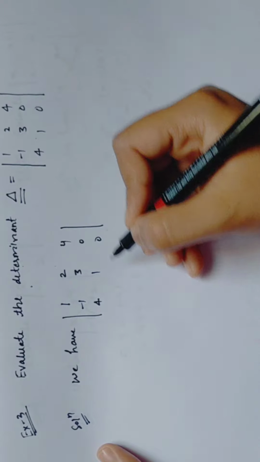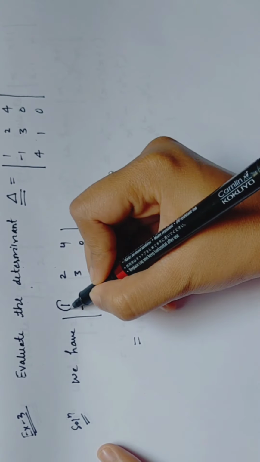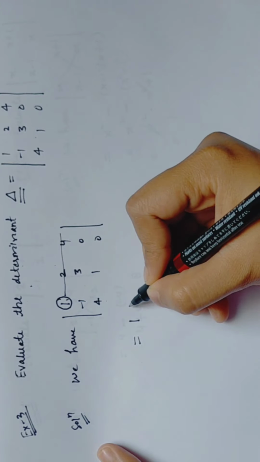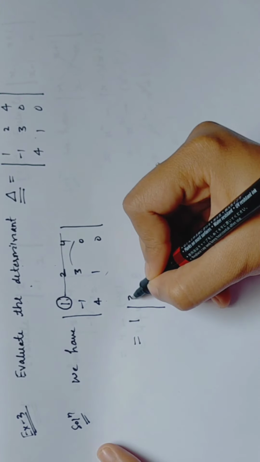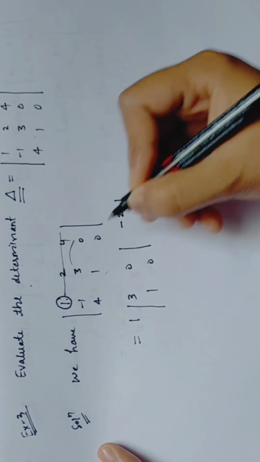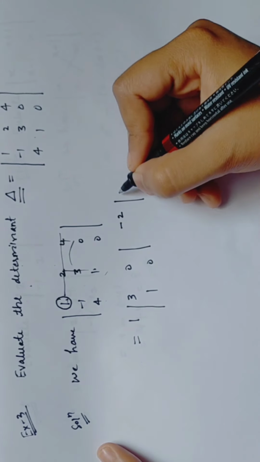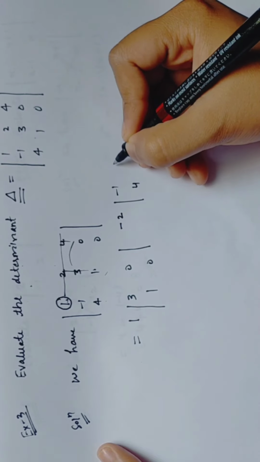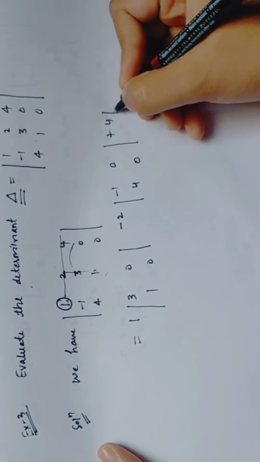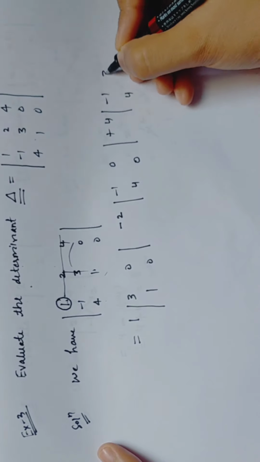So here how we open it? First we pick up this element 1, then after deleting the first row and first column we take up these 4 elements 3, 0, 1, 0, and minus sign 2. This will be deleted with the first row, minus 1, 4, 0, 0, then last plus 4, minus 1, 4, 3, 1.